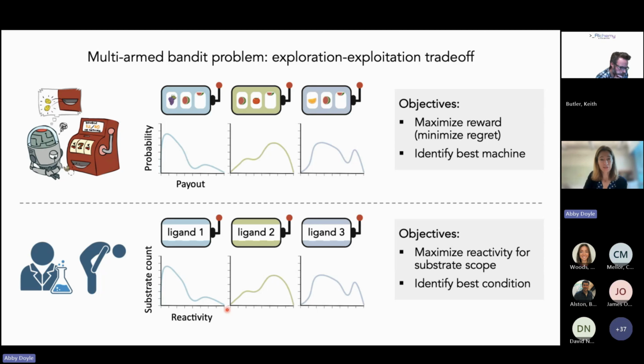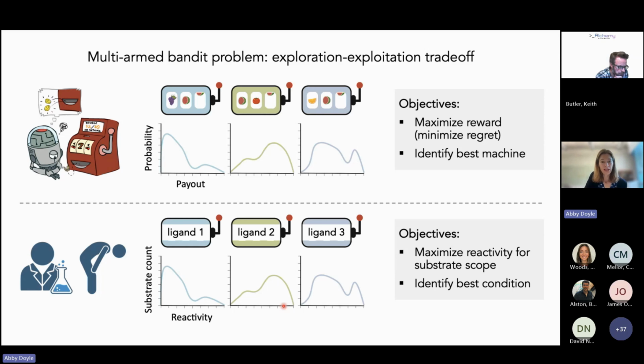So like in the classic formulation for playing slot machines, the idea is you want to identify the best condition, best being the one that has the highest distribution of high reactivity across the most number of substrates, and do so in the least number of experiments, so within a minimum budget.